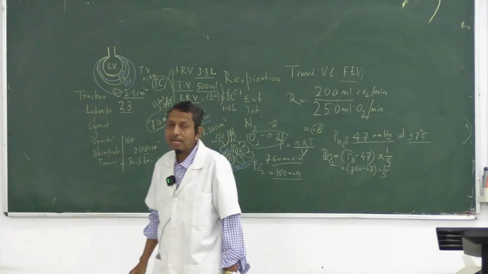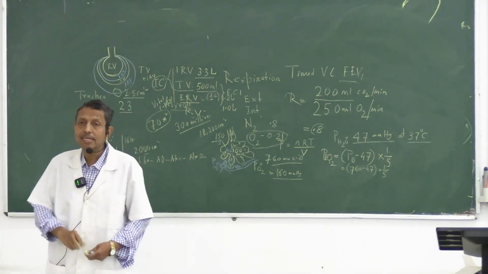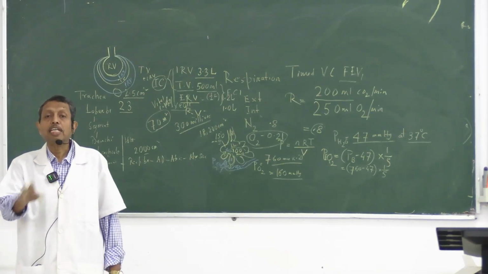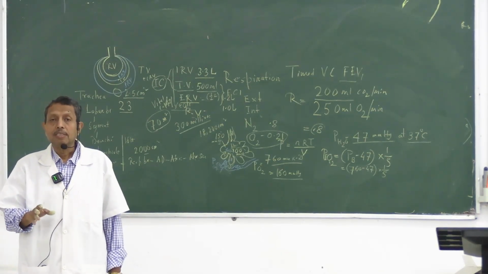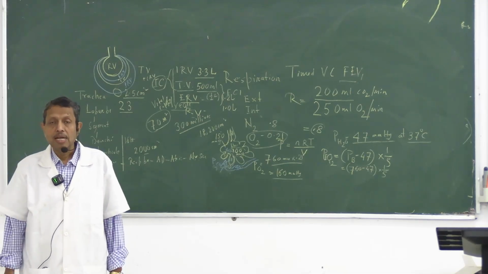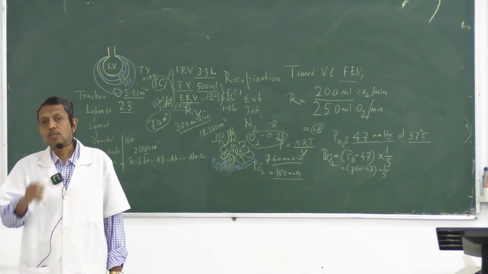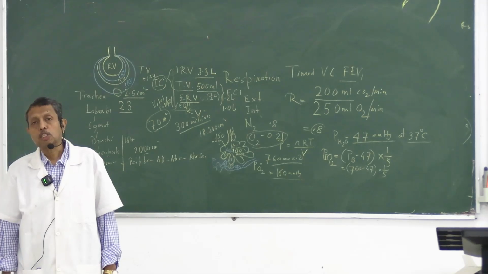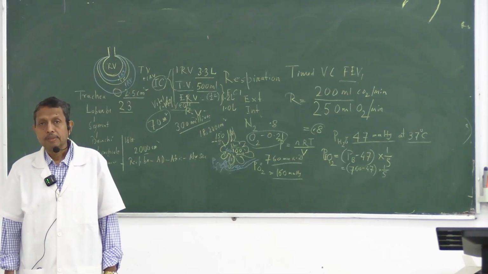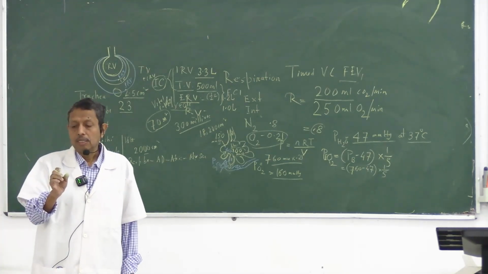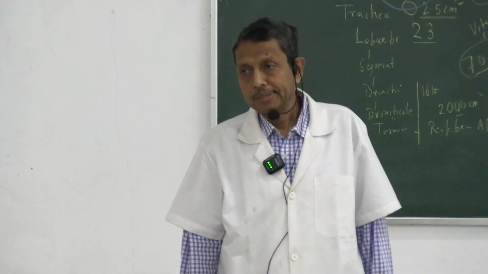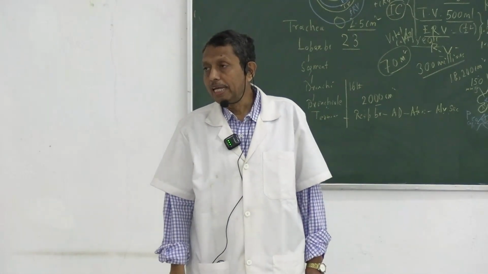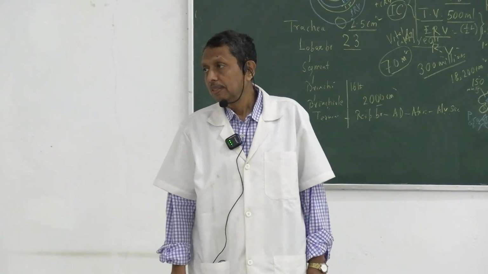And forced vital capacity and FEV1 indicate some important aspects, like the strength of the respiratory muscles and other aspects of respiration. In some cases, the FVC may remain constant or normal, but the FEV1 reduces.